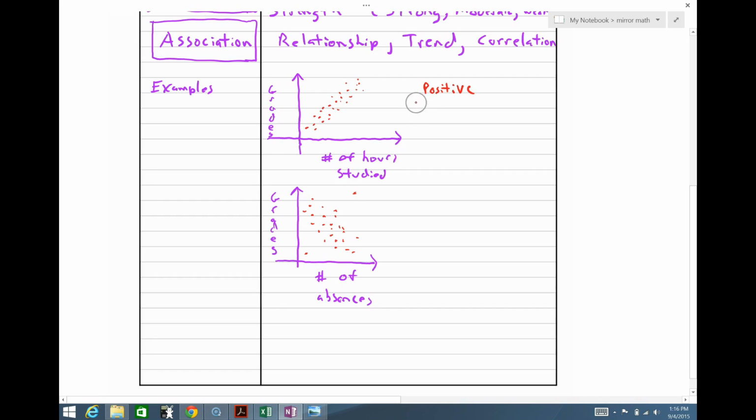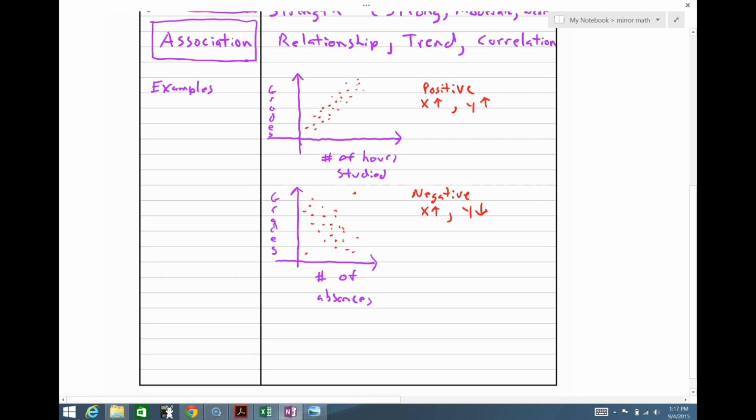In this case, x increases and y increases. This relationship is negative. As x increases, y tends to decrease.